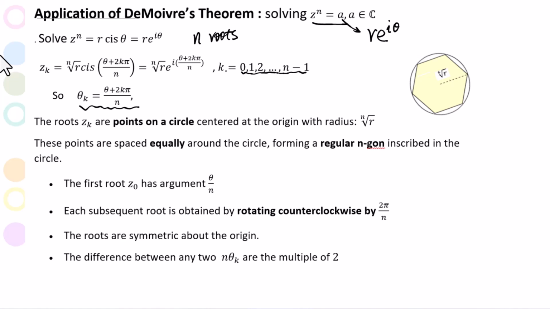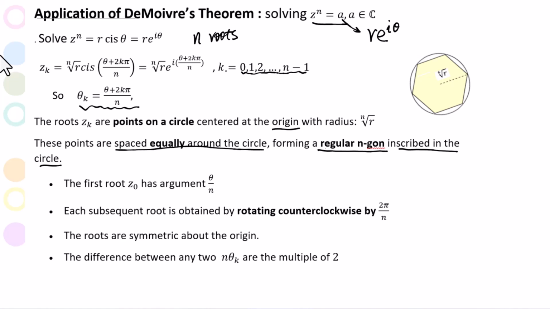The roots z sub k are points on a circle centered at the origin with the radius nth root of r. In other words, all the roots are spaced equally around the circle and form a regular n-gon inscribed in the circle.